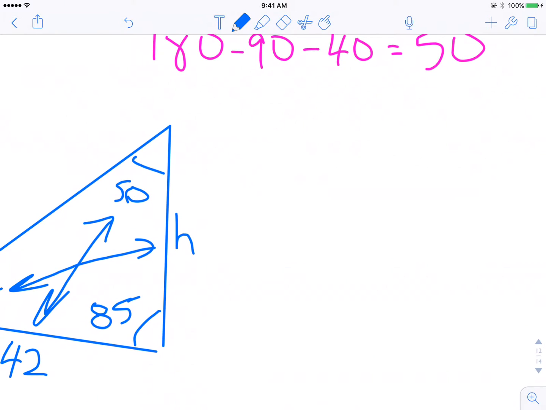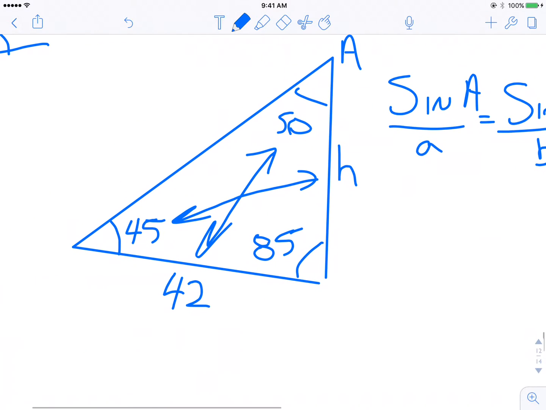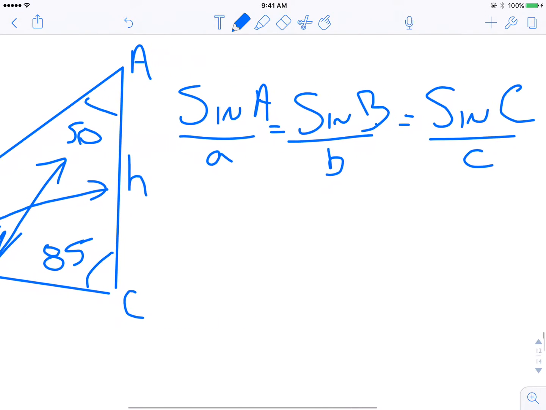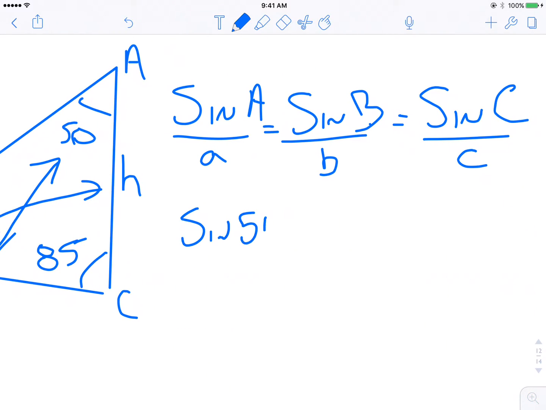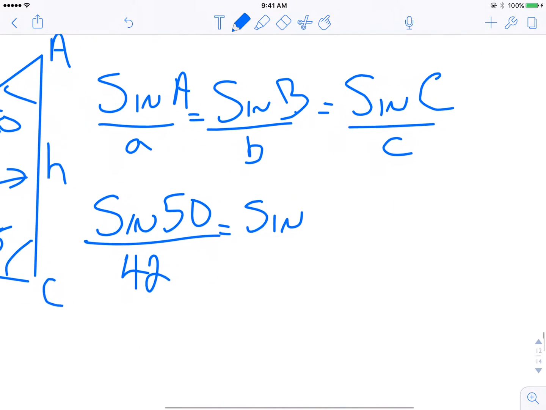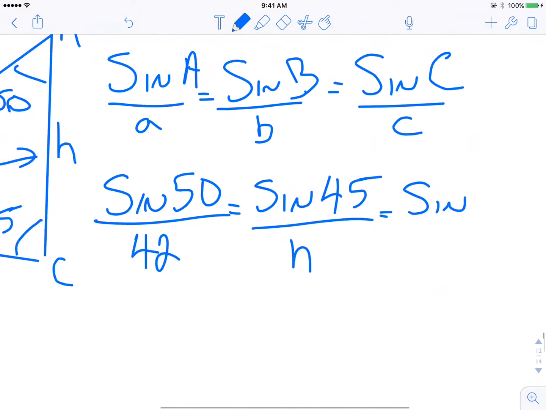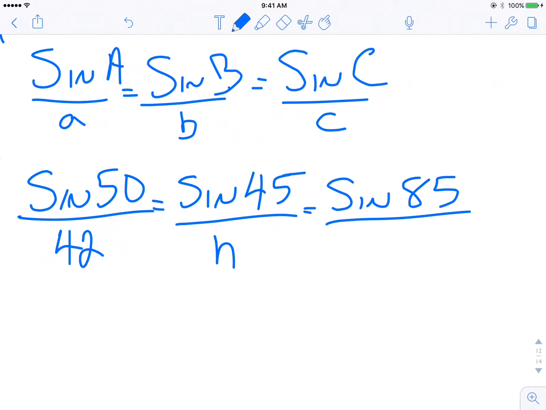Take my sine law formula: sine A over A is equal to sine B over B is equal to sine C over C. I'm going to call this A, I'm going to call this B, and this C. I'm going to go sine 50 over 42 is equal to sine 45 over H, which is equal to sine 85 over little c.